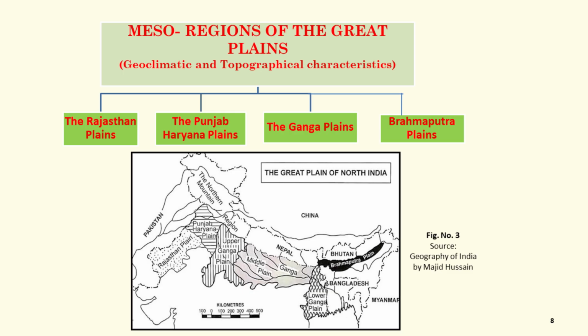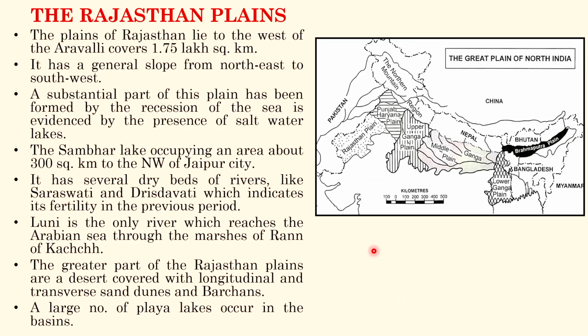In this figure, the map of India is shown, and we can see the distribution of the plains. We start from the west: Rajasthan plain, Punjab Haryana plain, the Ganga plain divided into three parts, and the Brahmaputra plain. Let's go ahead one by one.